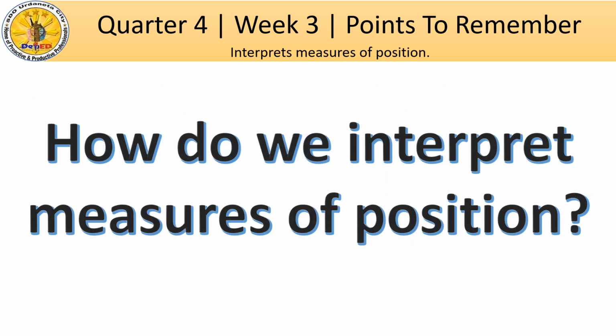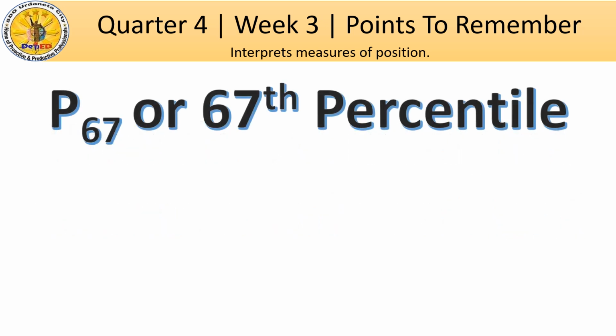Now, let us apply those in interpreting our measures of position. But how do we interpret measures of position? Let's say, for example, we have the P67, or the 67th percentile, as the measure of position of a particular value.